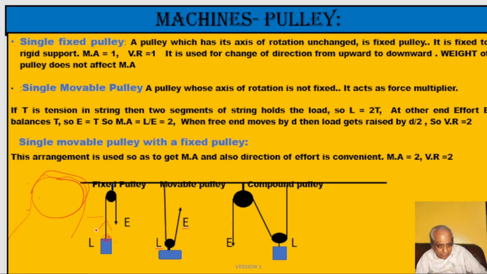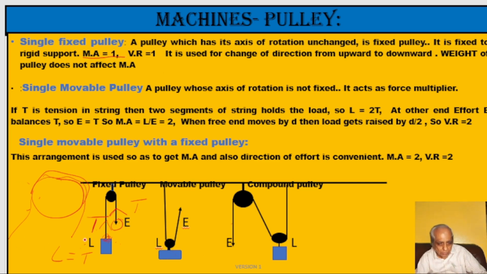So L is equal to T. And as the same rope is passing, the tension in the same rope remains the same, so here also tension would be T. If I do the force balancing here, I will get E is equal to T. So E is equal to T, L is equal to T, and my mechanical advantage I will get as 1.